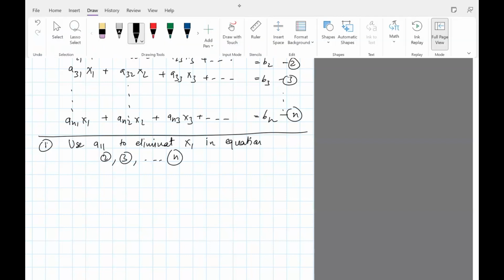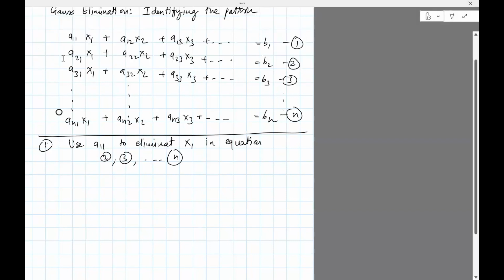Okay, so what you're doing here is you're taking this to eliminate x1 in equation 2, x1 in equation 3, and so on till equation n.